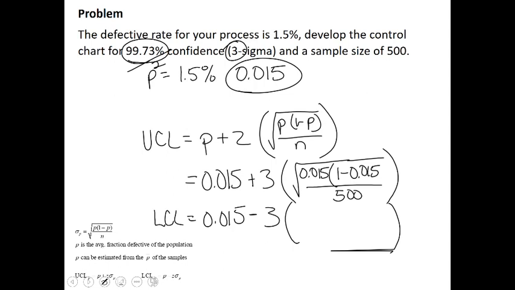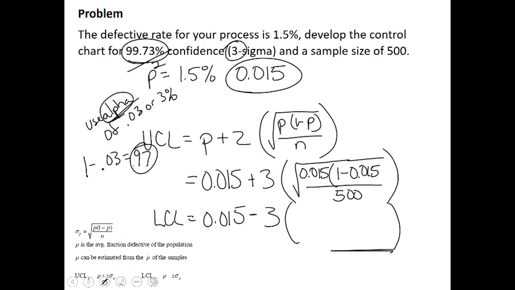The other tricky thing that sometimes shows in the homeworks is they'll say use alpha of 0.03 or 3%. What that means is alpha is the opposite of your confidence, so that would be 1 minus 0.03. They're really talking about 97%. So if they use alpha, then you have to subtract that to get to what you're really looking for.